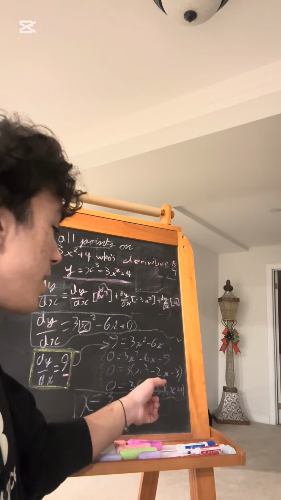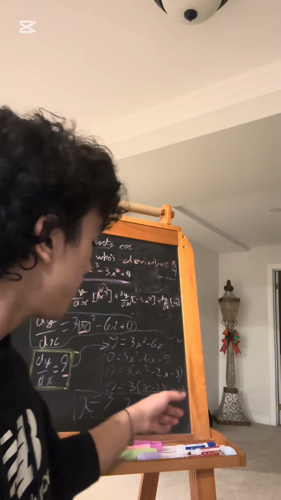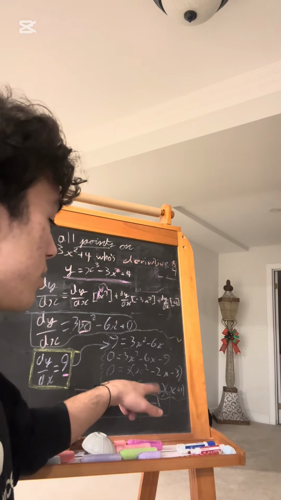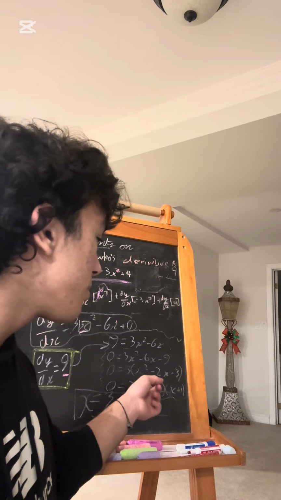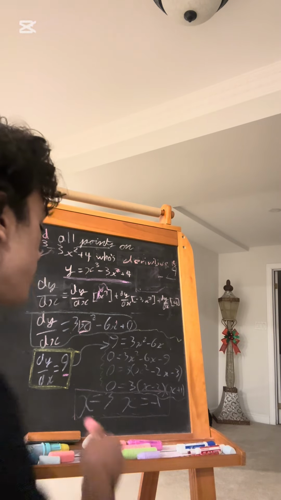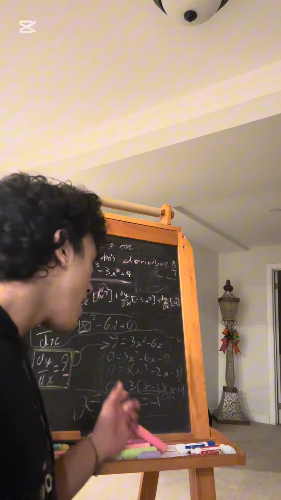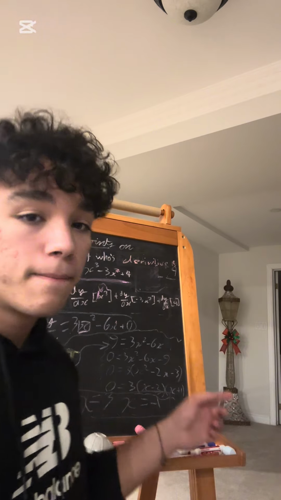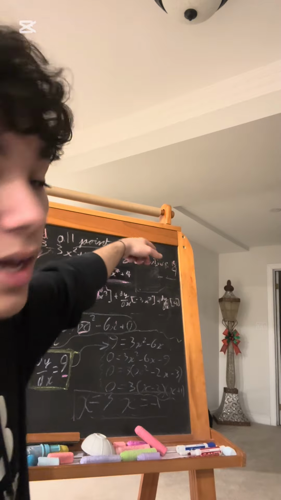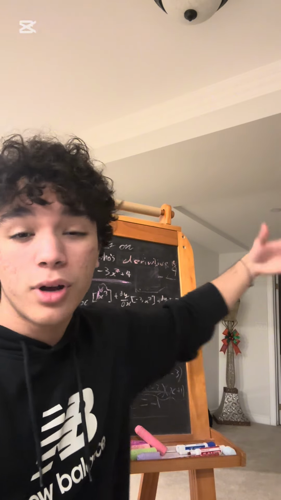So that's x minus 3, x plus 1. To make this statement true, x has to equal either 3 or negative 1. So at x equals 3 and x equals negative 1, the slope of the tangent is 9. But we're not done yet.